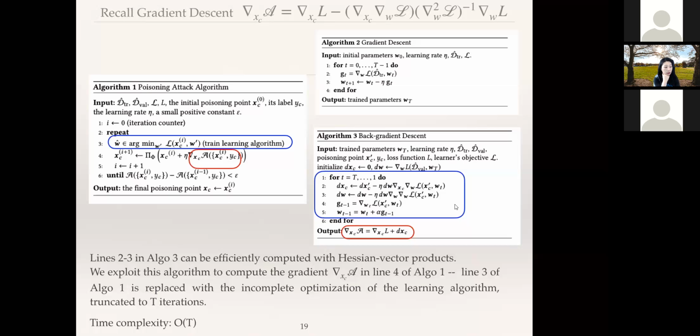Does that make sense? Yeah, so here DXA comes first because we are doing a back gradient descent. Mm-hmm. And because in the very upper formula, the gradient with respect to XC comes first, in the back gradient scheme we put it in front of the gradient of W, right?